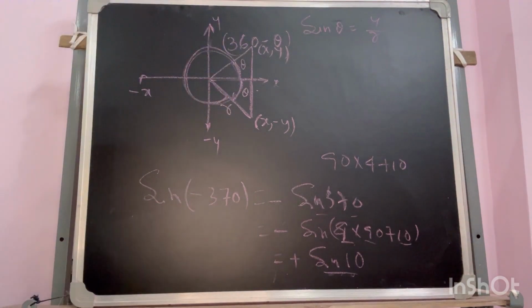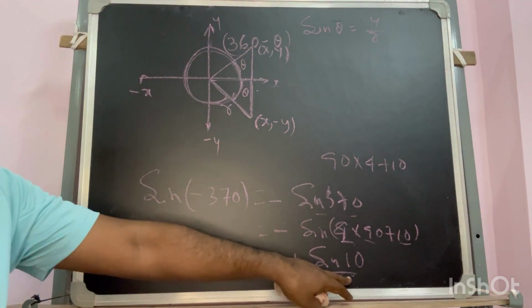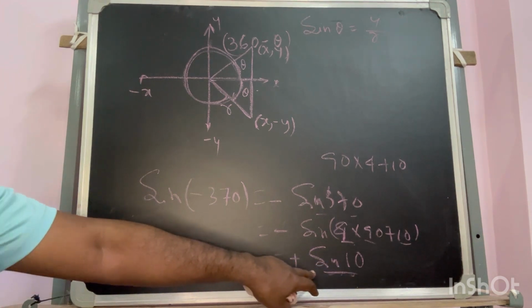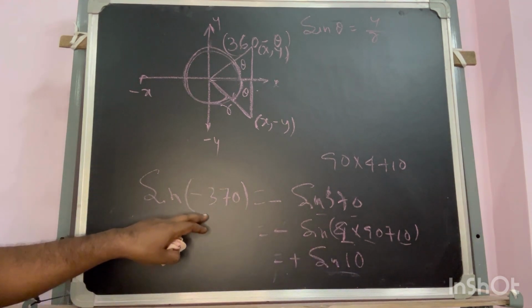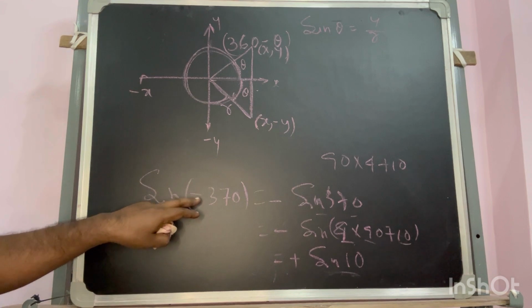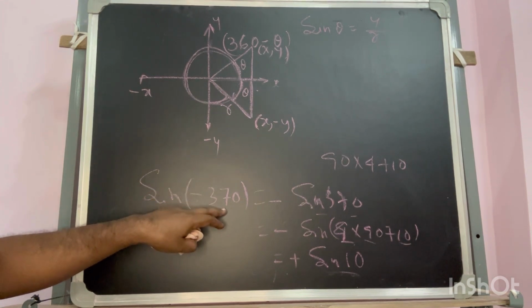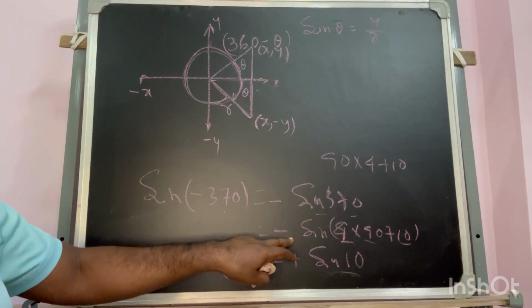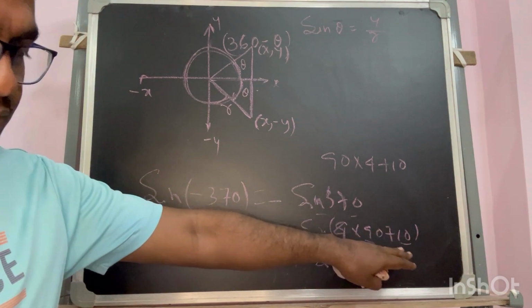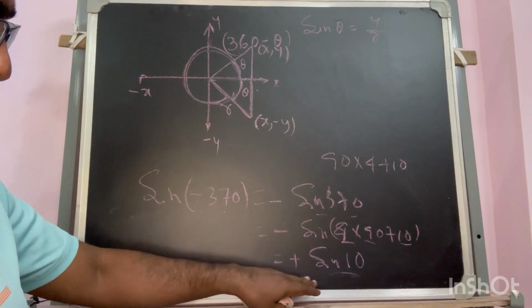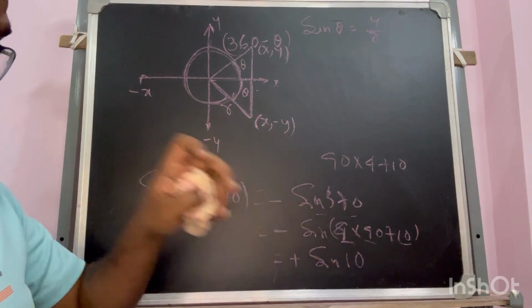So ultimately the result will become sine 10. You need not worry about where it is. So as per the rule, sine of minus theta is equal to minus sine theta. In the progress of solving that, ultimately you will get the exact result.